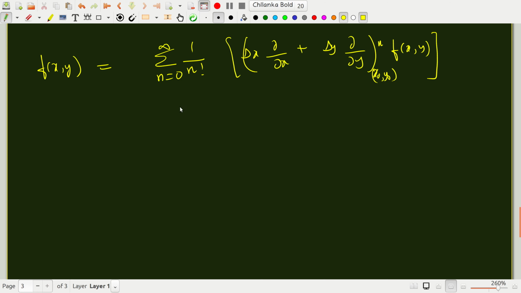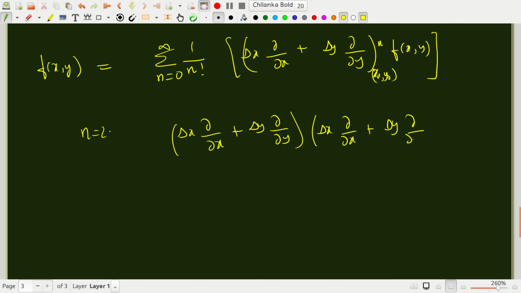Now, one thing that you should note is that, let us say n is 2, you will have an operator of the type delta x partial partial x plus delta y partial partial y operating on itself. If you operate this on itself, you have to remember that this d dx is not operating on delta x.